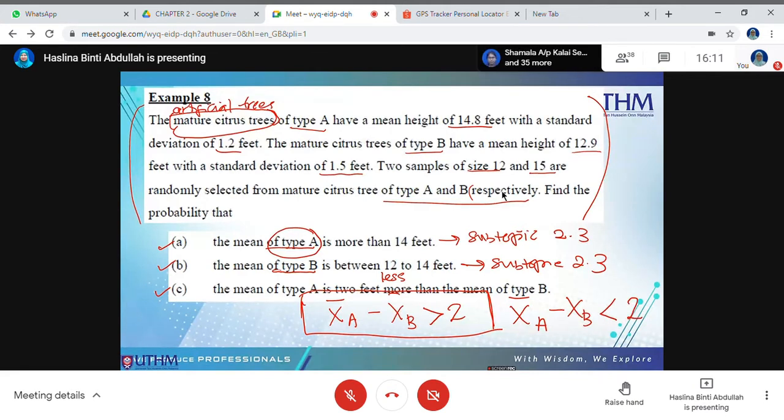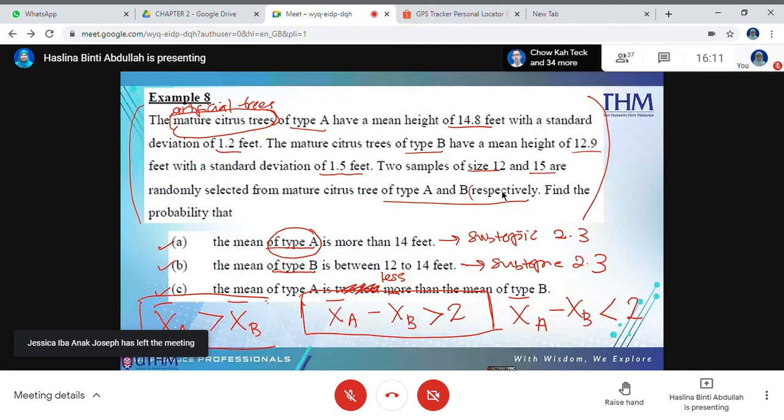Okay, if I say the mean of type A is 2 feet more than the mean of type B, X bar for A is more than X bar for B. So this is the equation for the statement. Okay, is anyone clear about this?